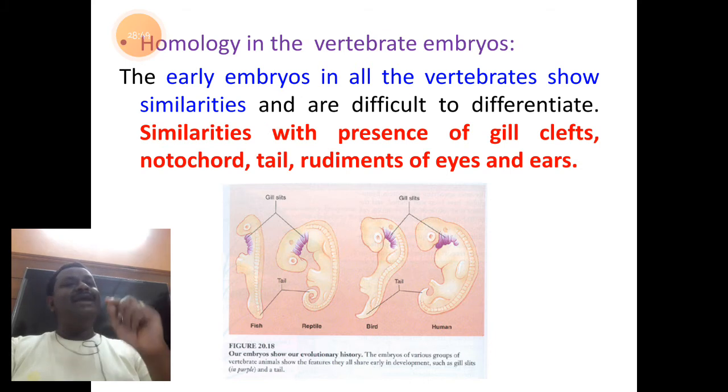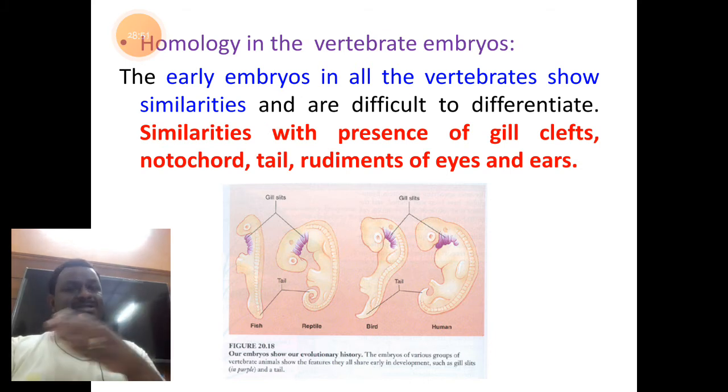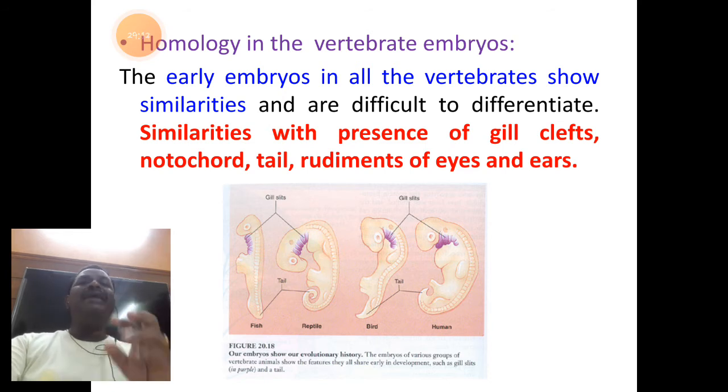So, when we look at the early embryonic stages in point 1, the homologies of early embryonic developmental stages such as zygote stage, cleavage stage, morula stage, blastula stage, gastrula stage, then coelom condition, germ layer condition, etc., they all remain common in most groups of organisms, indicating that all these organisms have originated from a common ancestor.